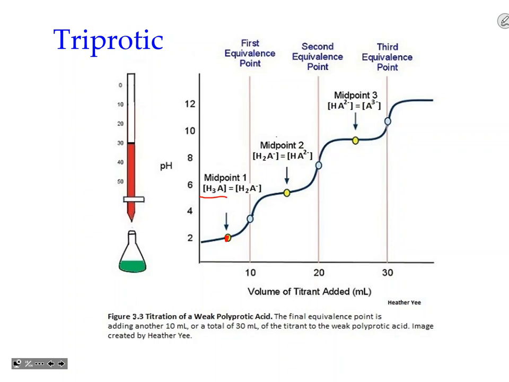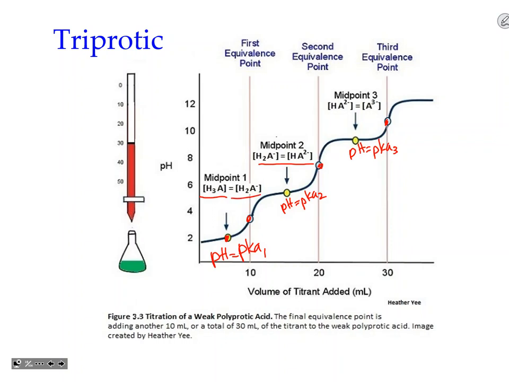Here is the first half equivalence point where the pH equals the pKa of the first one. Then here's your first equivalence point. Now for the second H, as you can see, here you go, midpoint, where the pH equals the pKa of the second one. Here is the second equivalence point. Then we have the pH equals the pKa of the third one and the third equivalence point.